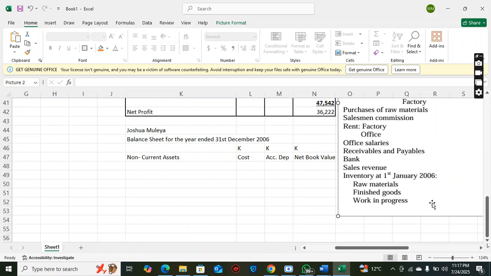Since there's no depreciation, the accumulated depreciation part will be blank.